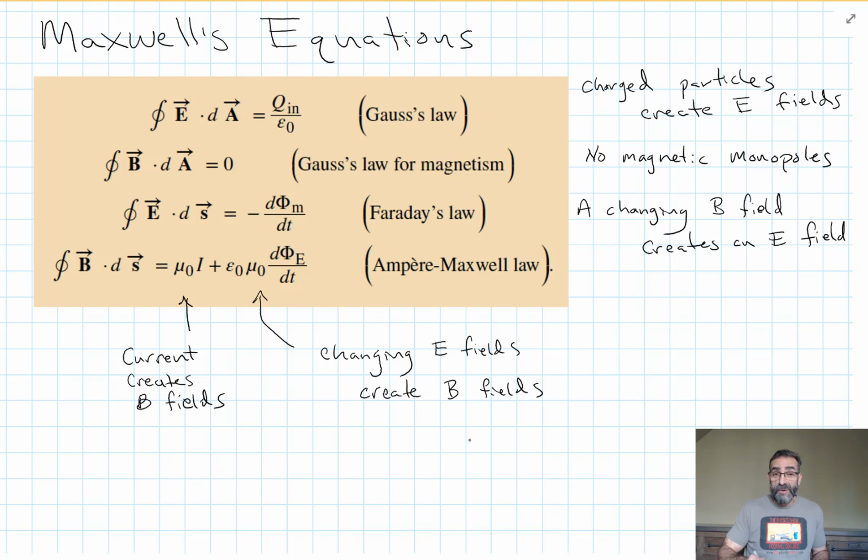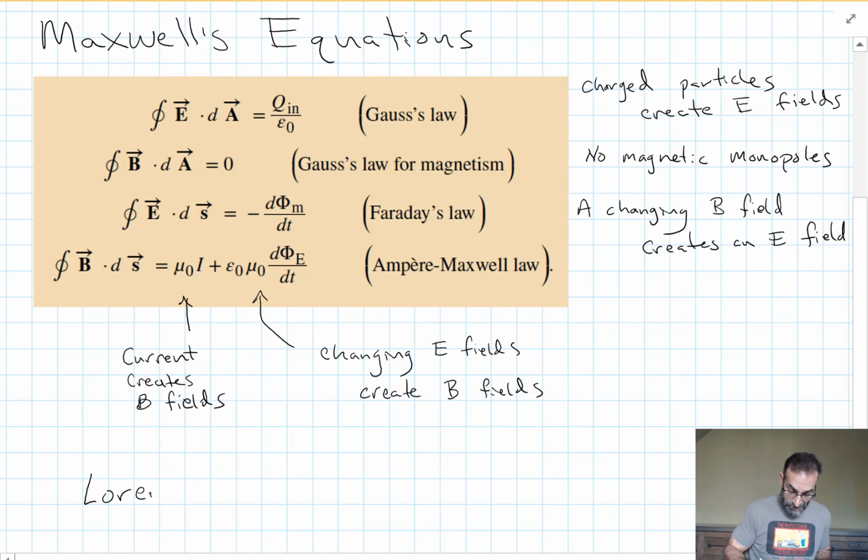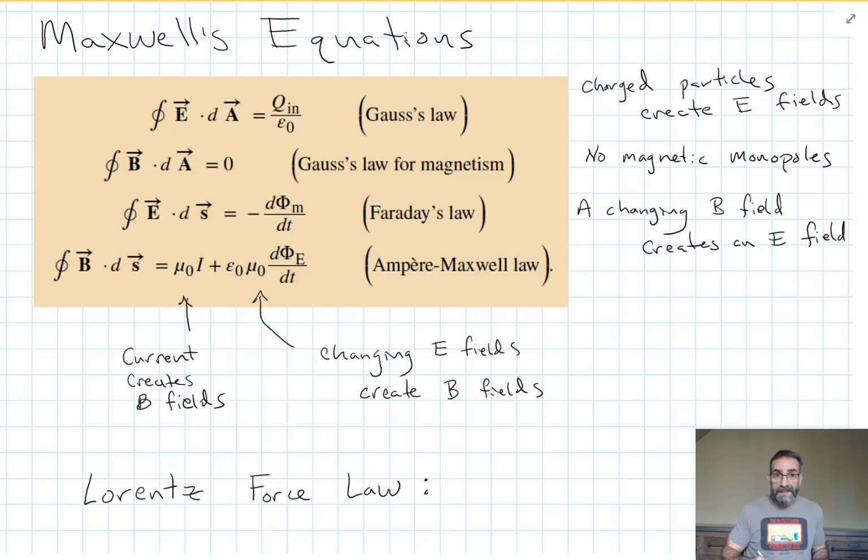So this is almost all of what we did this quarter in electricity and magnetism, but we're missing something. What are we missing? We're missing forces, right? We talked a lot about forces between electric charges and between charges moving in magnetic fields.